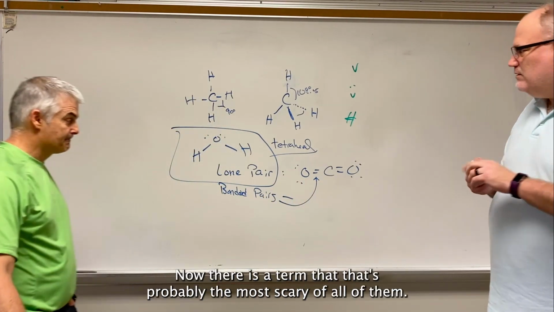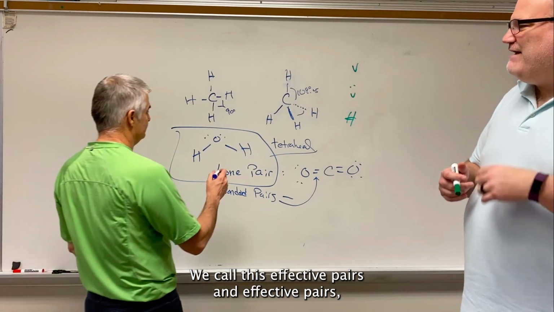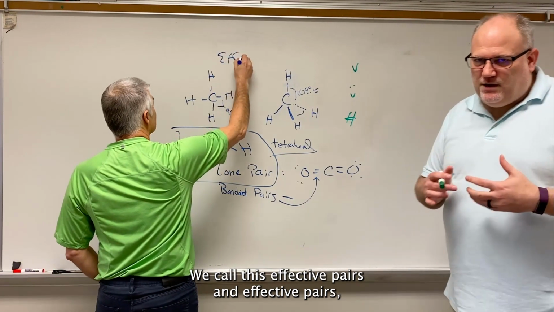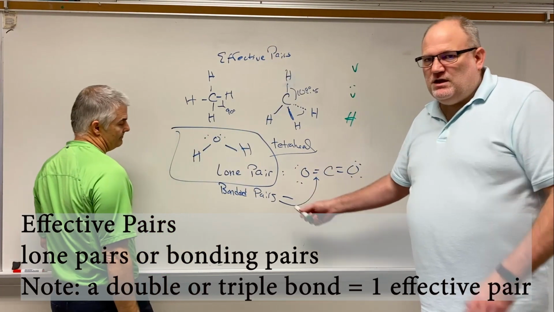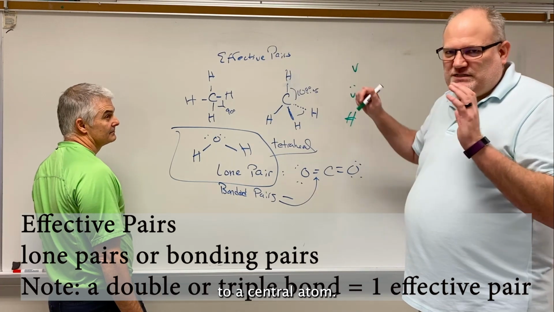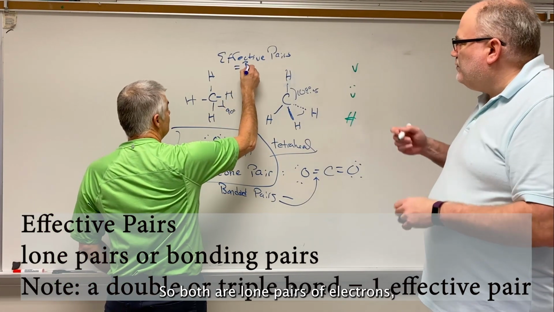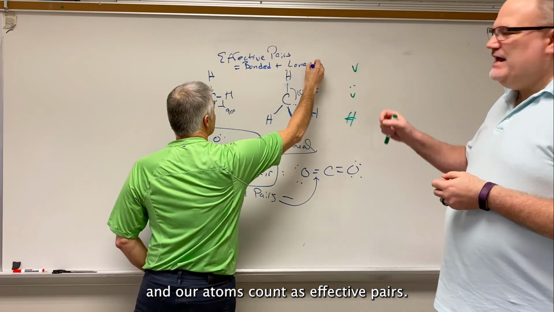Correct. Now, there is a term that's probably the most scary of all of them. We call this effective pairs. Effective pairs refer to both lone pairs and bonding pairs. A better way of saying this is: we need to know what things are attached to a central atom. So both our lone pairs of electrons and our atoms count as effective pairs.